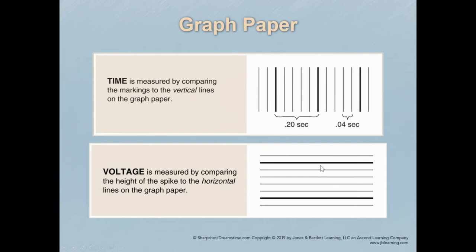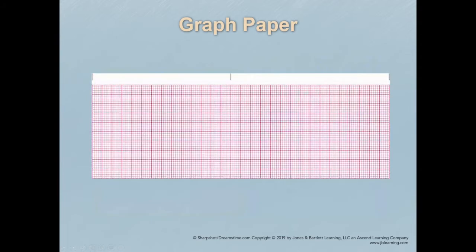It's easy to get those confused because we think about our EKG paper coming out of our machine and traveling across, so we think about across being time, but we couldn't measure time that way because we would have no marks. So remember, time is based on vertical lines, voltage is based on horizontal lines.